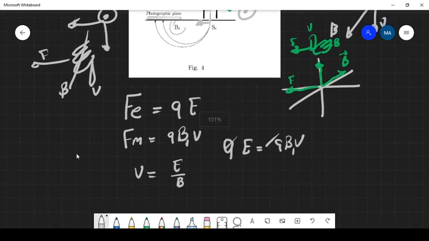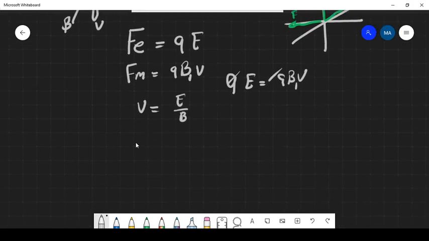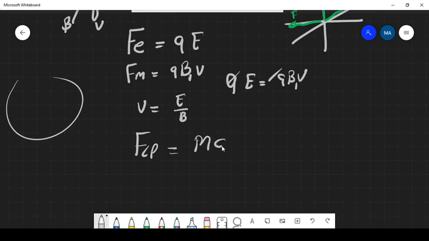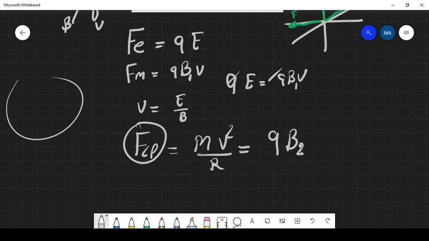So now the thing that we need to remember is, what is the force for something to make a circular motion? It is the centripetal force, which is equal to m multiplied by centripetal acceleration, right? What is this acceleration? v squared divided by the radius. What is causing this centripetal force? It is the magnetic force that causes this: qB2 multiplied by the velocity, okay?